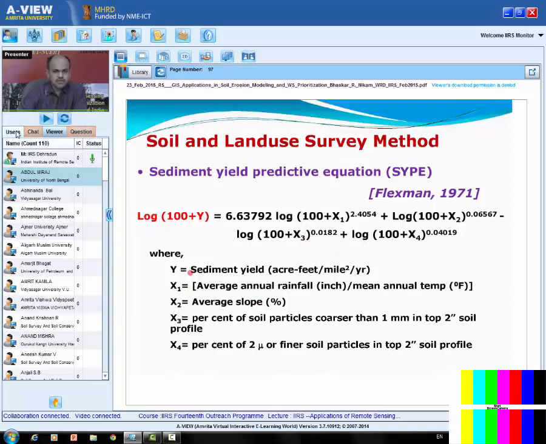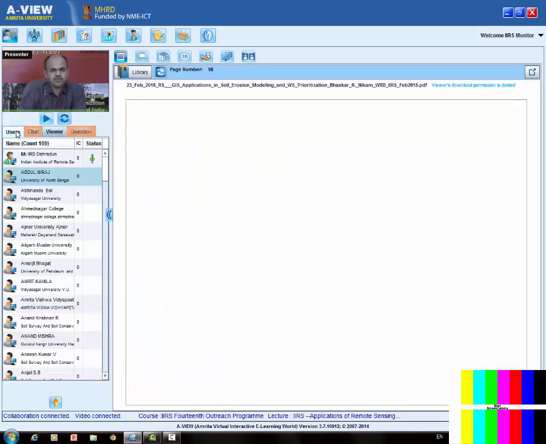In this case, the author has assumed that the sediment yield will depend upon the ratio of average annual rainfall divided by average annual temperature, another factor is average slope, the third factor is the percentage of soil particles coarser than 1 mm in the top 2-inch soil profile, and the fourth factor is the percentage of 2 micron or finer soil particles in the top 2-inch soil profile. If you have this information, you can model the sediment yield from your watershed, and the areas where your sediment yield is high, you can give priority to those areas.